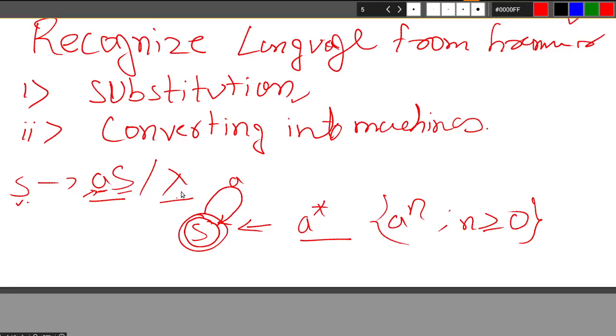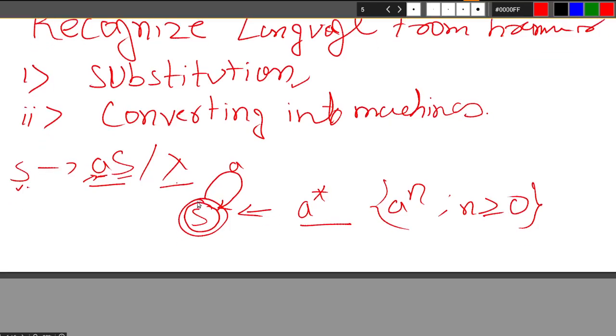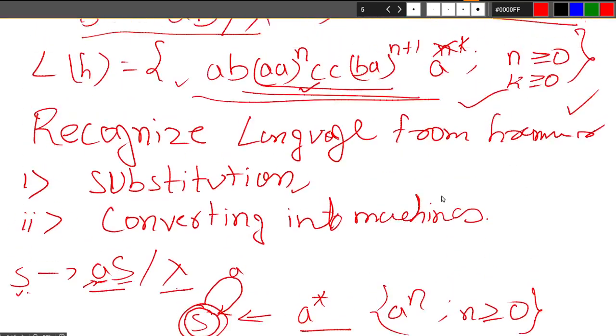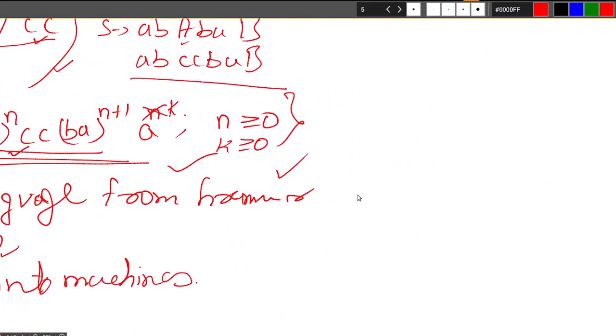Suppose you want another example, with 3 a's. Let me give you an example: S gives a a a S, and then S gives lambda. So what happens?